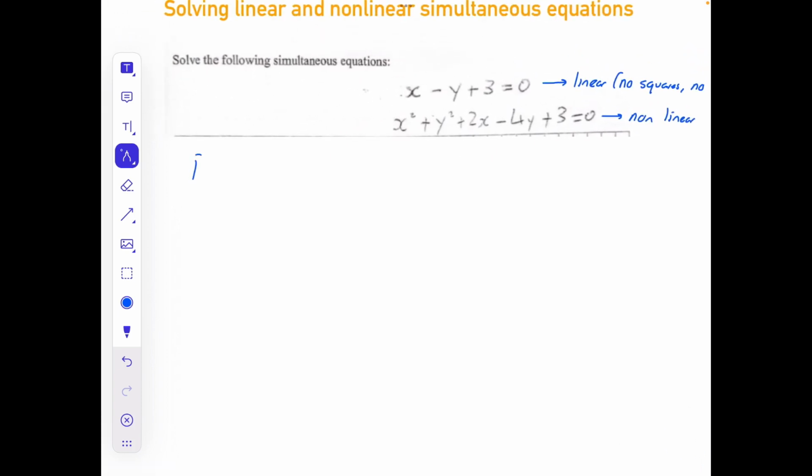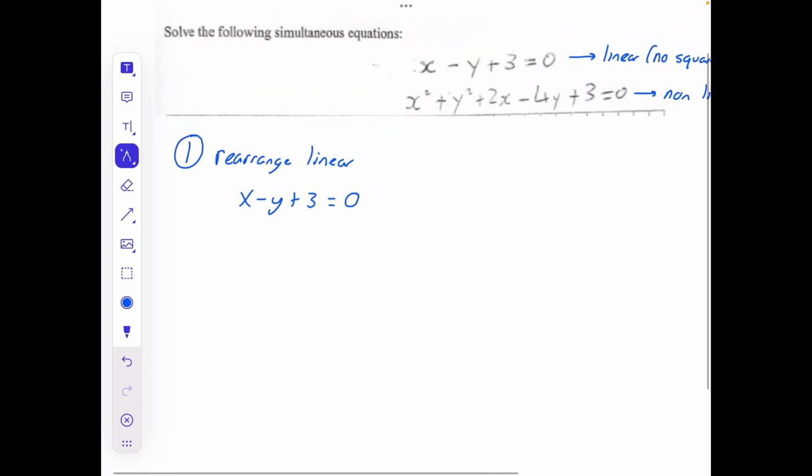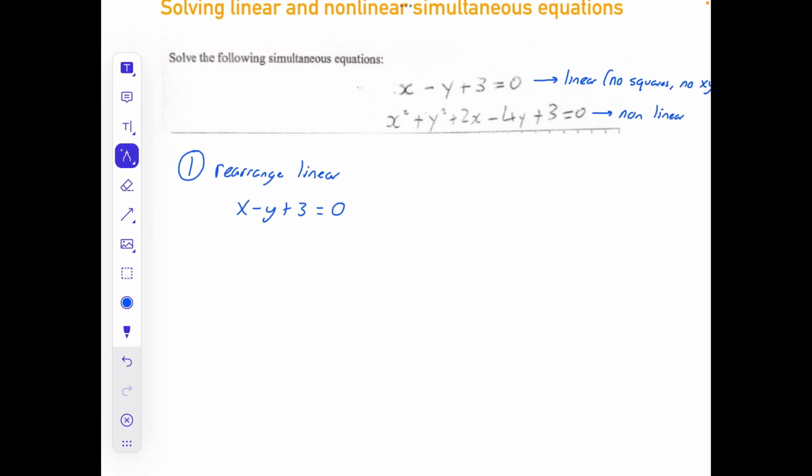Our real step 1 then, what I'm going to call step 1, I'm going to rearrange my linear. So we currently have x minus y plus 3 is equal to 0. When I rearrange it, I want either the x or y on its own. So I want x equal to something or y equal to something.